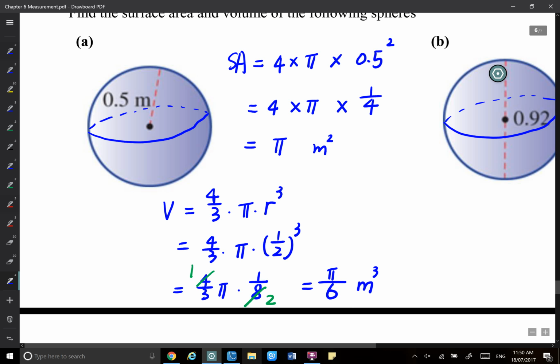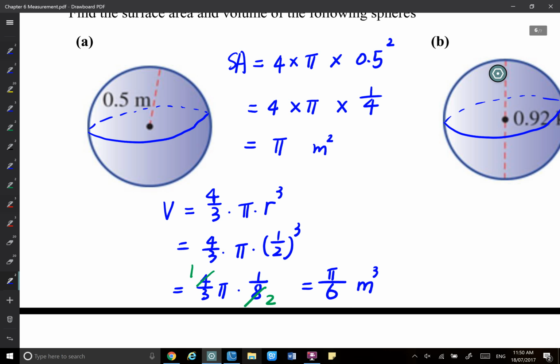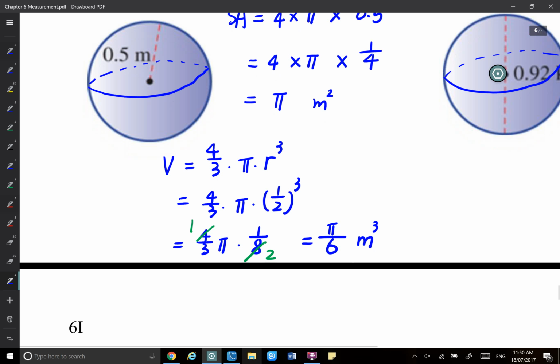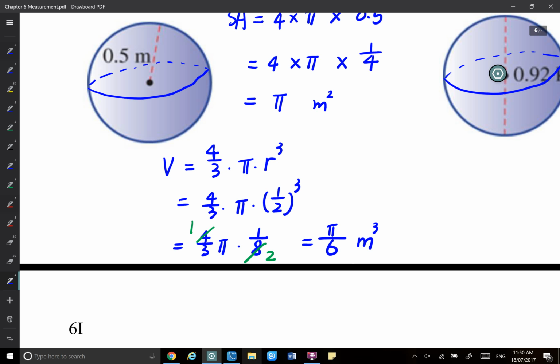Those two answers are exact values. Do not try to evaluate those two. Pi and pi over 6 are the exact answers. I emphasize that a lot. On your test, read the question carefully.